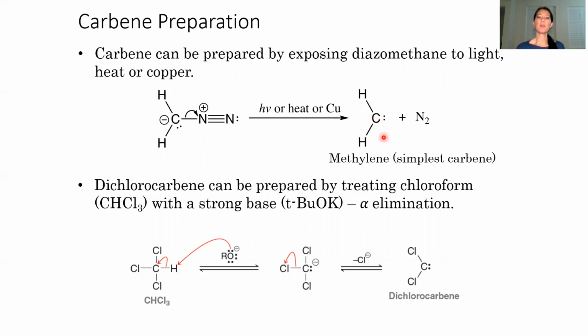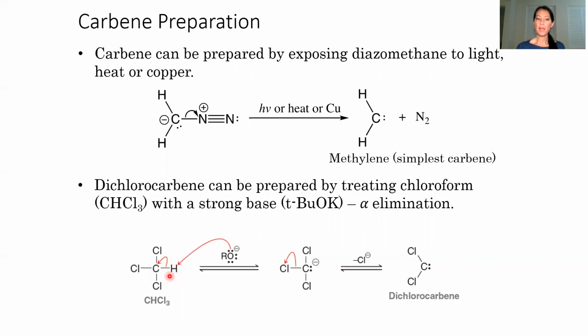The other type of carbene that you can make is one where you have 2 chlorines on it, a chlorocarbene. The way that we synthesize that is we start with chloroform. So chloroform is CHCl3. And what you could do is take a really strong base, like hydroxide or butoxide, and deprotonate the hydrogen on chloroform.